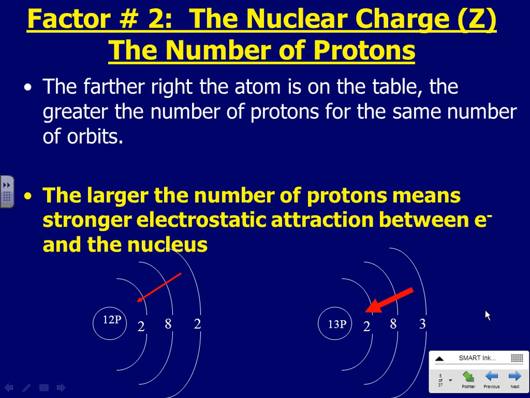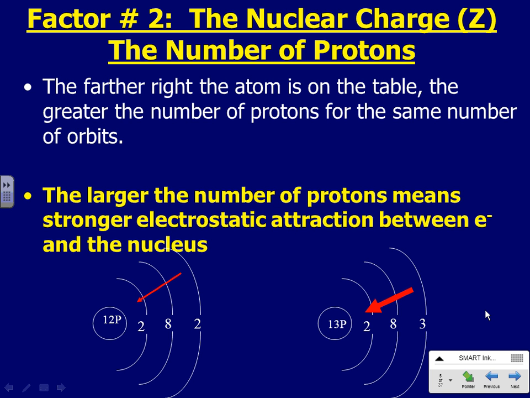They're not way out at a great distance. So even though they're both neutral, and even though one has an extra electron compared to the other, the individual electrons in the valence shell, the outer orbit, will feel a greater pull if there's more protons. The more protons with the same number of orbits, the greater the pull.